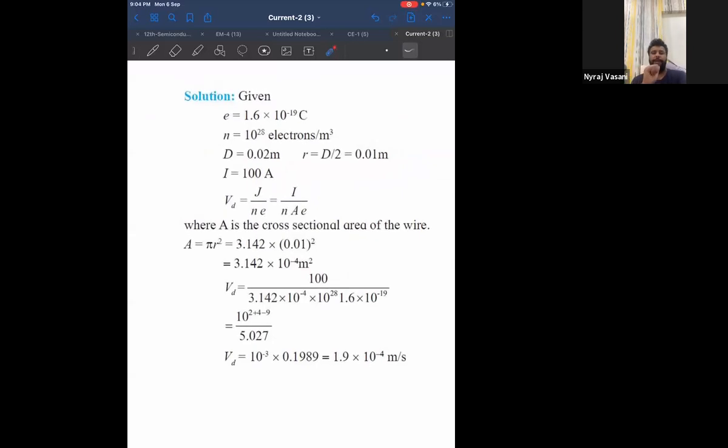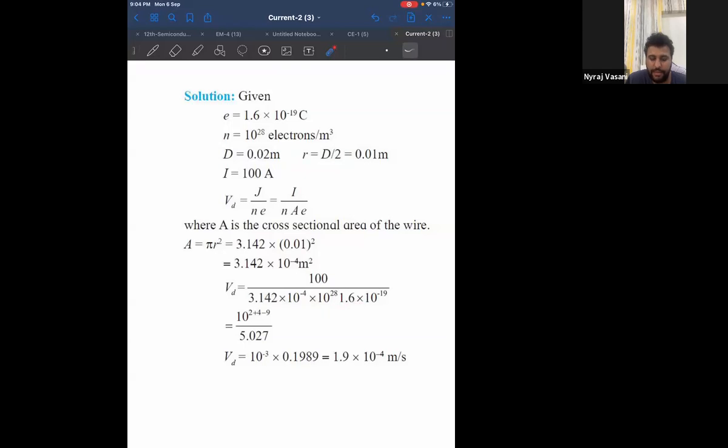Check if they are getting it. Don't solve the complete thing.